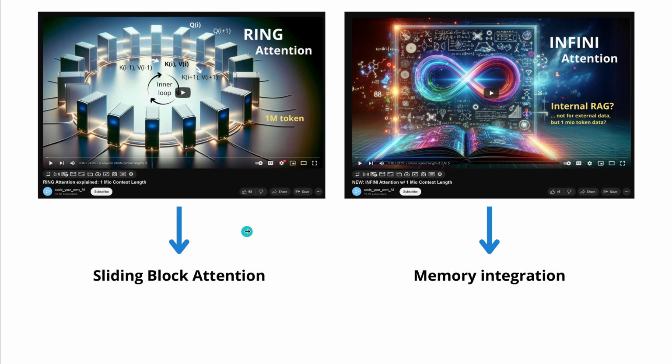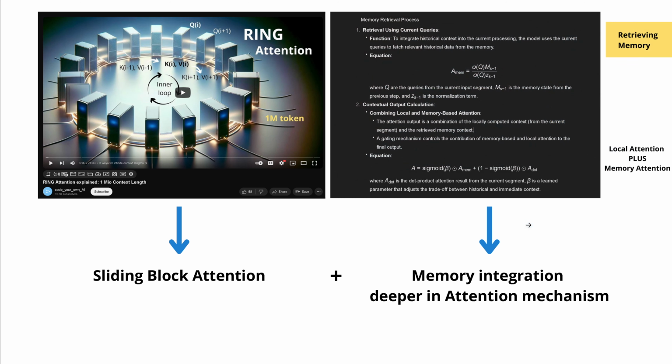Now we will develop the ring concept further to a sliding block attention mechanism, plus the memory process. We will now have a deeper integration. You remember that when we calculated how to retrieve the memory, I told you that we have the local attention from a specific sequence or a specific block, plus the memory attention from our memory matrix structure from our tensor.